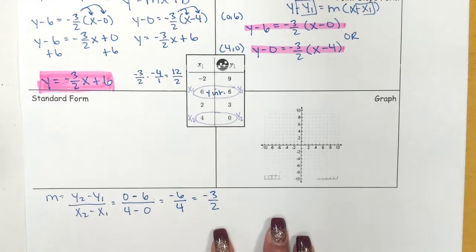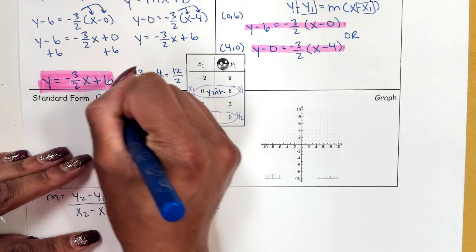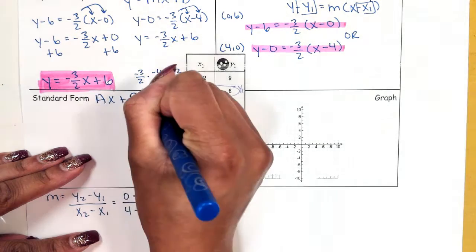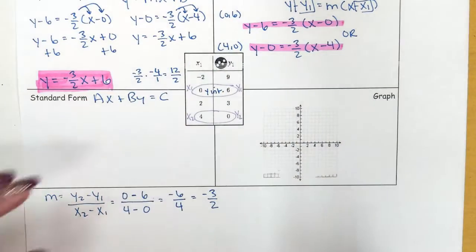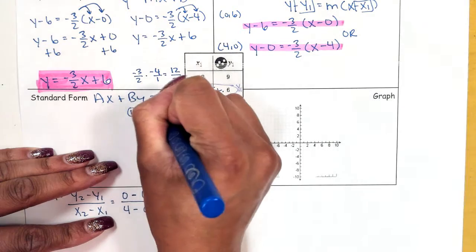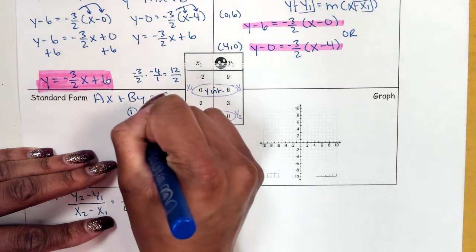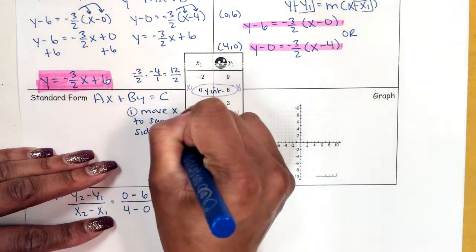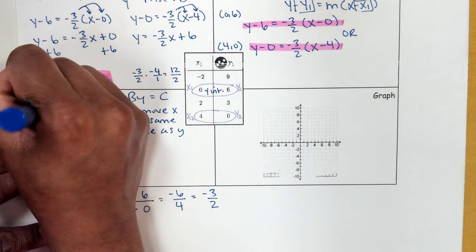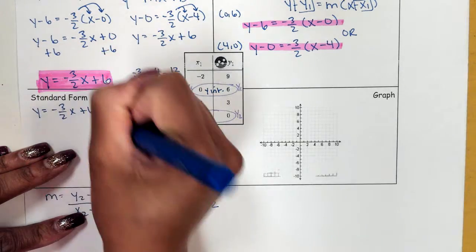Now we have standard form. So standard form is ax plus by equal to c. So remember, we have to move the x to the same side as y. Okay, so we have y equals negative 3 over 2x plus 6.